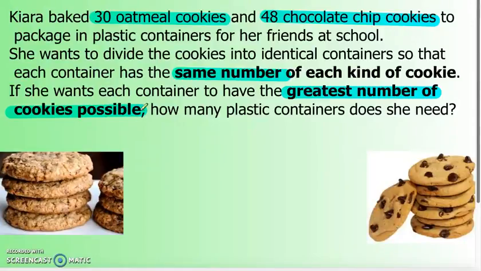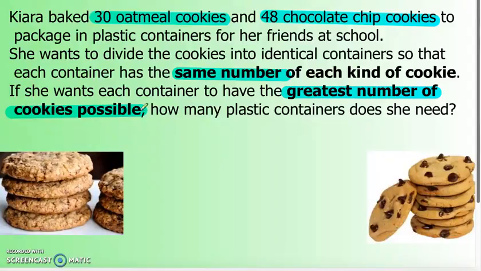Well, first of all, looking at those numbers of 30 and 48, I know that they're related to each other because they have to do with cookies. And I know that I'm trying to find the greatest number of each of those types because I'm going to put both of them in a container, and I want the same number of each in each container, probably to give away to friends.